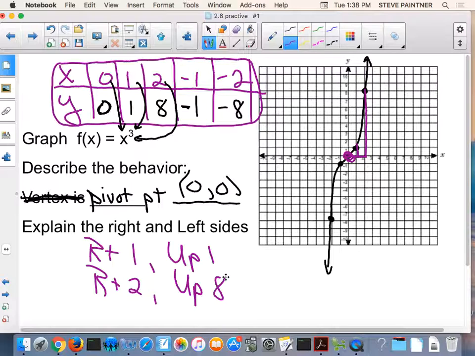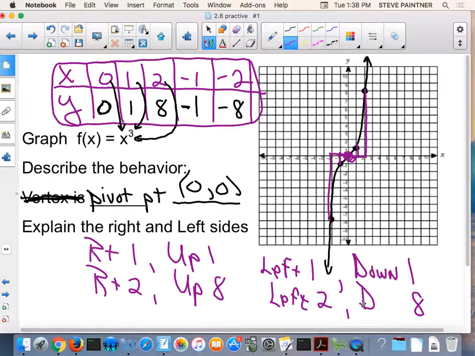You okay with that? But on the left side of the pivotal point, we're going to go what? Left 1, down 1. Left 2, down 8. There you go. Left 1, left 2, down 1, down 8.